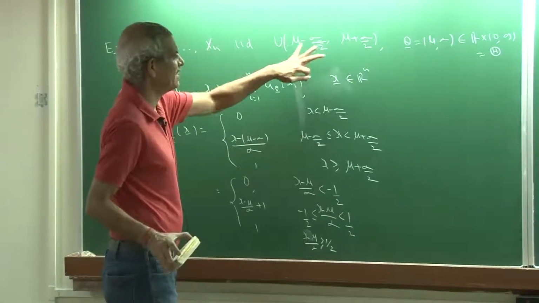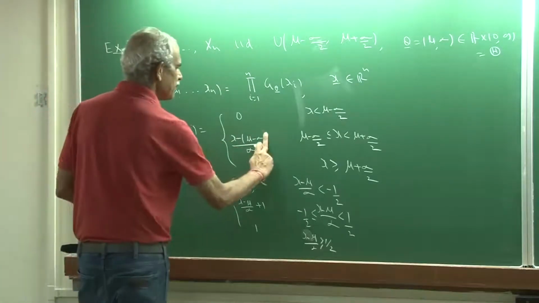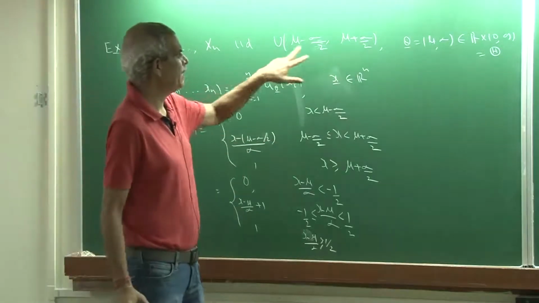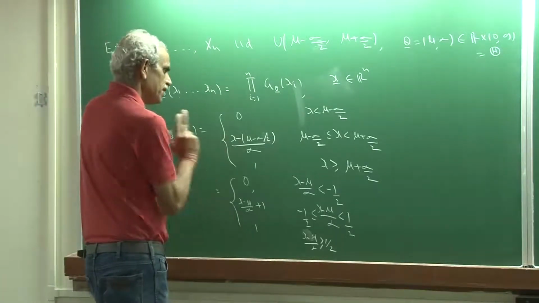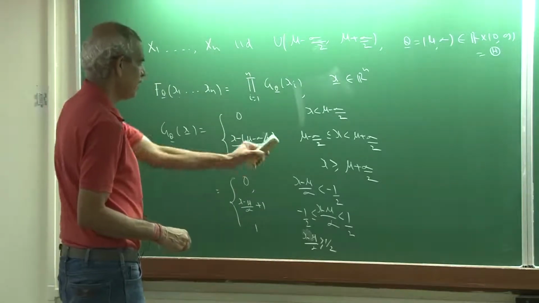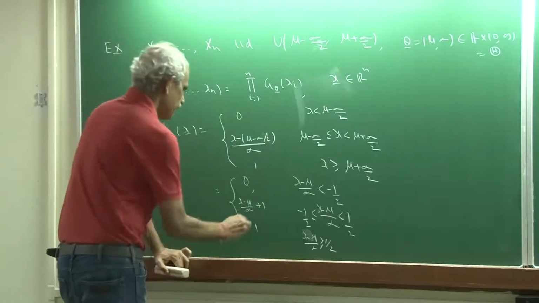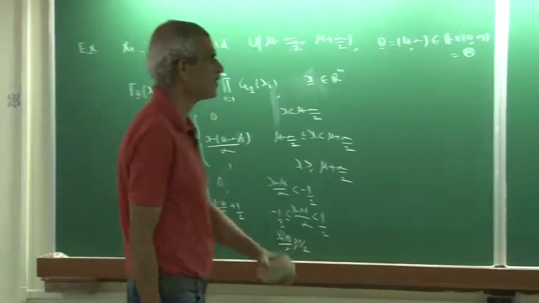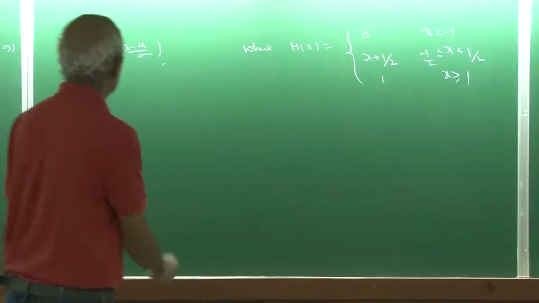Let us look at it, because I have changed it to mu minus sigma by 2 and mu plus sigma by 2. So then it becomes x minus mu minus sigma by 2, divided by the PDF b minus a, which is nothing but sigma. Mu gets cancelled, so this is okay. So this is the same as x minus mu by sigma plus 1 by 2. And this would be x plus 1 by 2, and this is 1 if x is greater than or equal to 1 by 2.